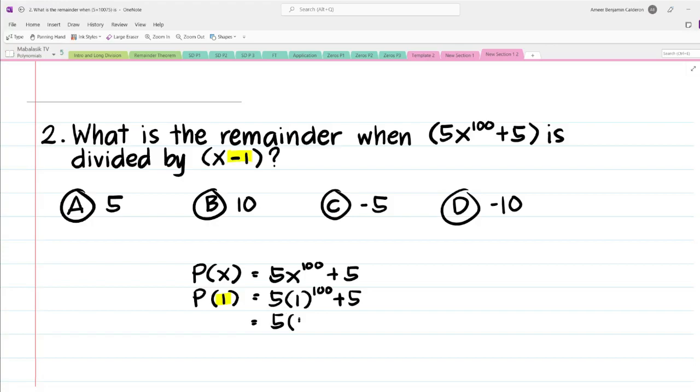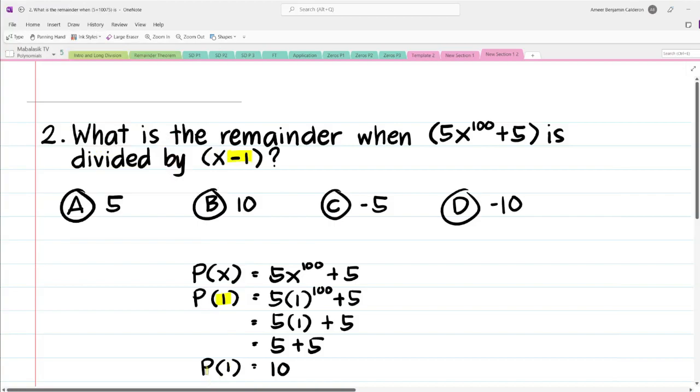So therefore, this is just 5 plus 5. So p of 1, which is the remainder, is equal to 10. So that's also B.